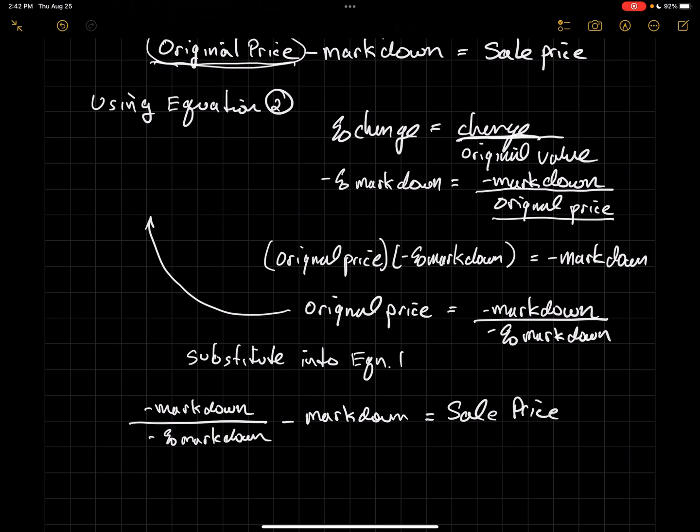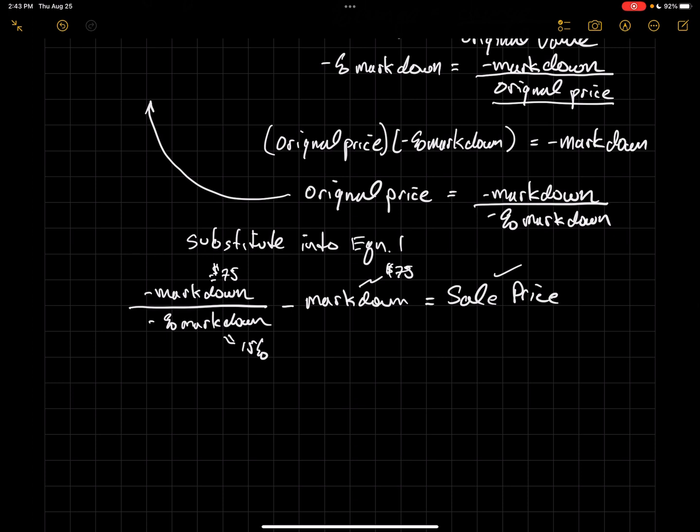So I know what markdown is. That's just $75. I know what percent markdown is. That's my 15%. And I know what markdown is. That's my $75. And sale price is what I'm trying to find. So I can now substitute values for each of these variables.